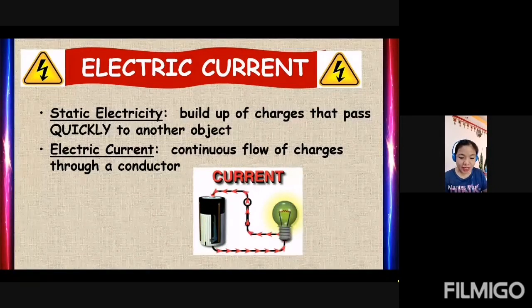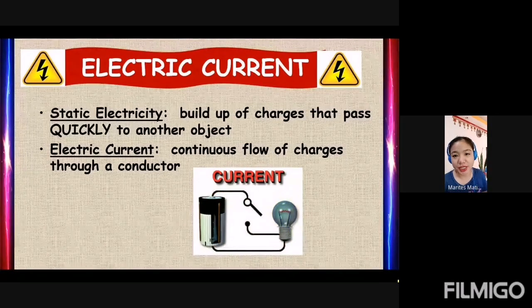So, that's the build-up of charges that pass quickly to one another. Electric current is the continuous flow of charges through a conductor.